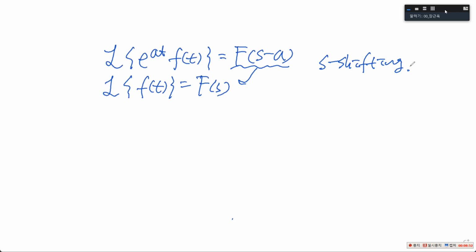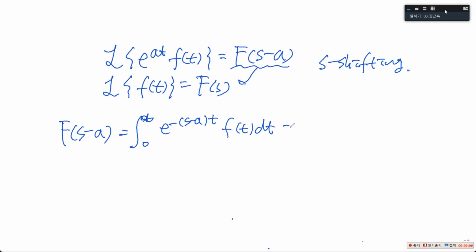Okay. The proof is the integral from 0 to infinity of e to the minus (s minus a)t f(t) dt, which is the integral from 0 to infinity of e to the minus st times e to the at f(t) dt.